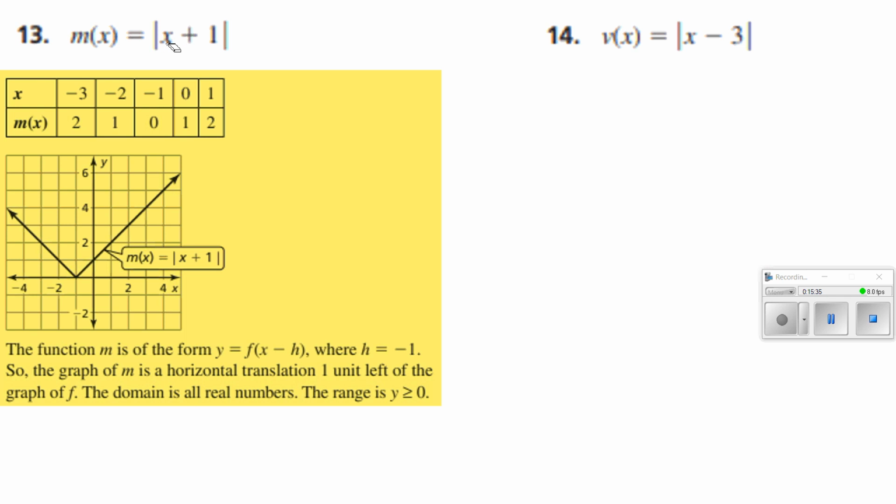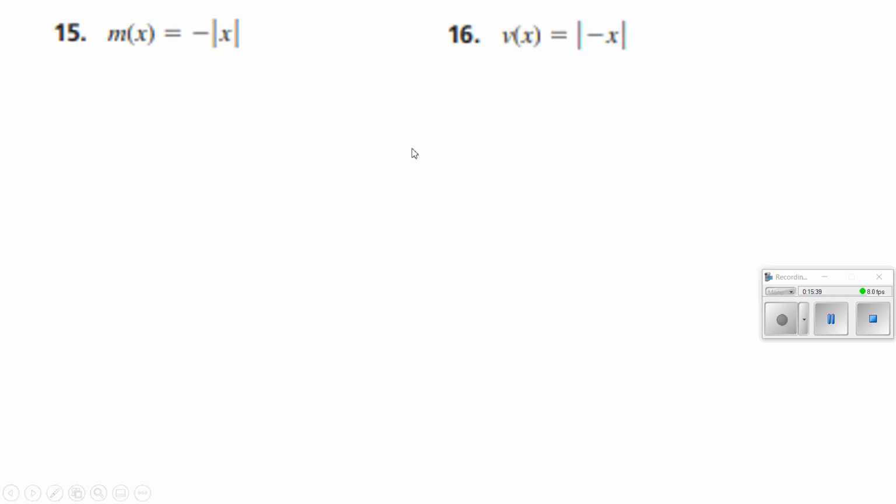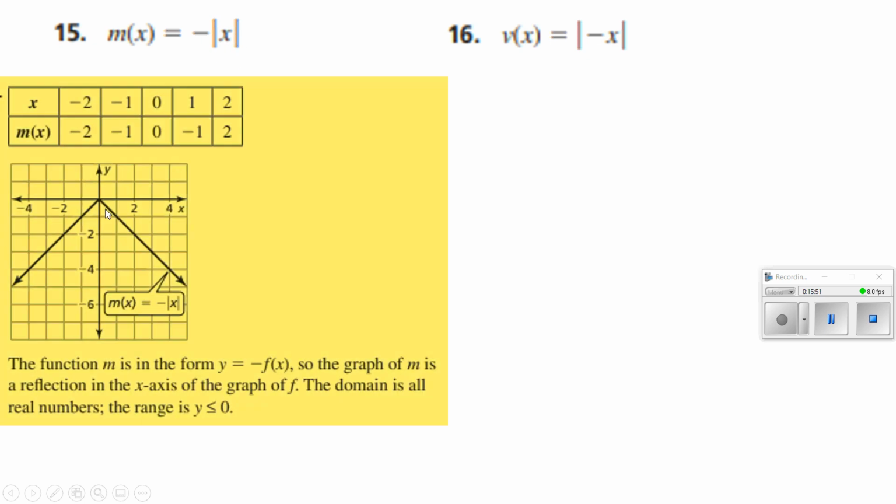All right, so let's see. Number 14 was for you to do. I'm going to go to number 15. We had a negative in front of an x. We said whenever there was a negative in front of our x, then that was going to give us a reflection, right? And as you can see, we're taking a reflection here, which means we're going to be going downward.